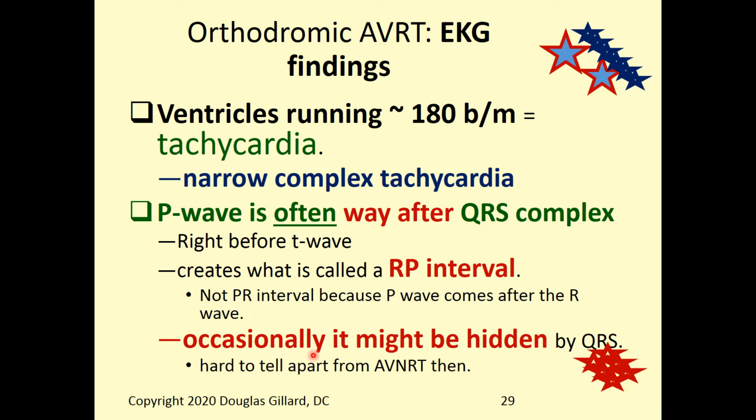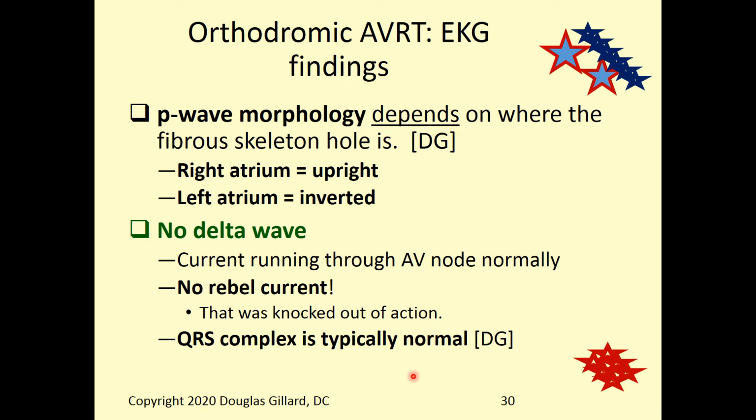And just like a junctional tachycardia, sometimes it's actually hidden. You might not see anything, and if that's the case, it's super hard to tell apart from AVRT. But from a junctional tachycardia, it would be hard as well. Don't worry, on the exam I will make things very clear, so you'll be able to pick it out.